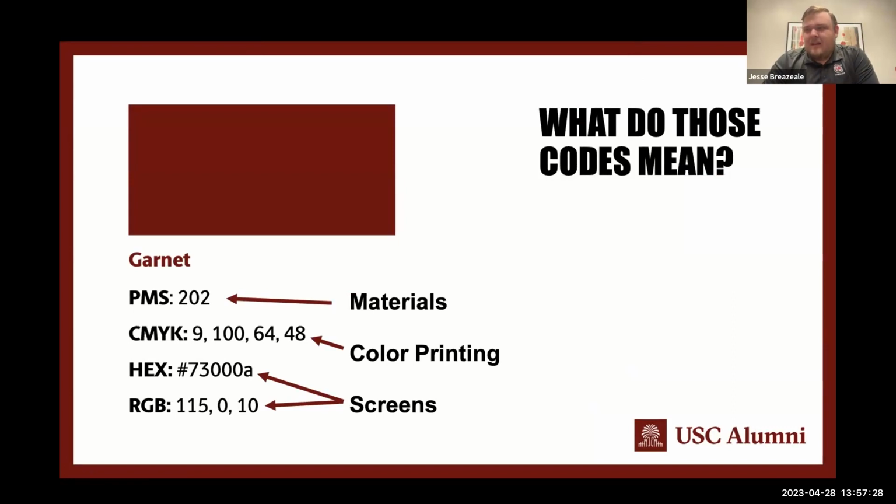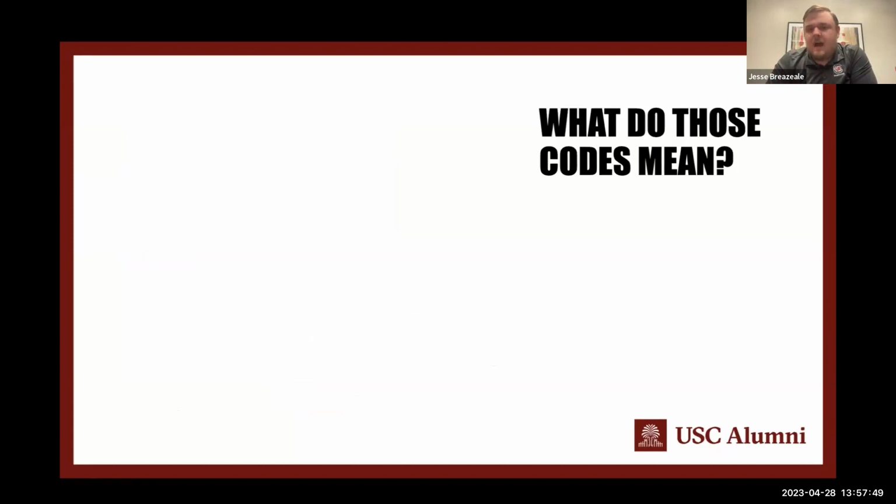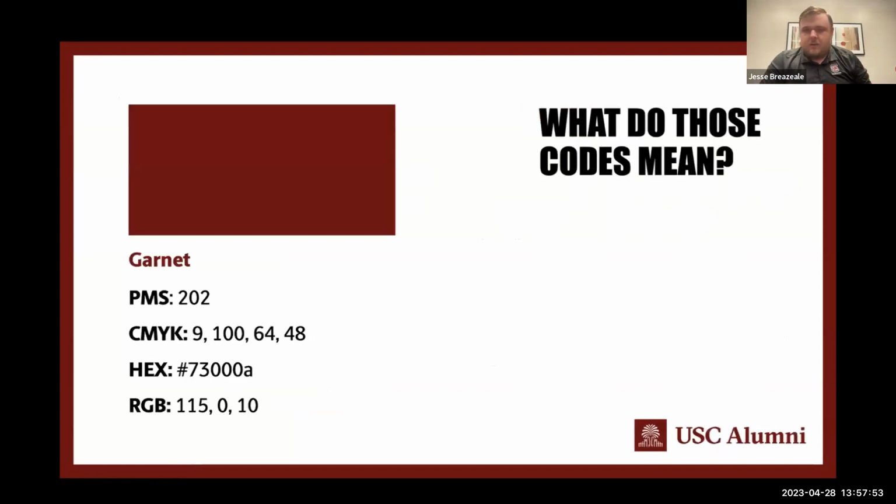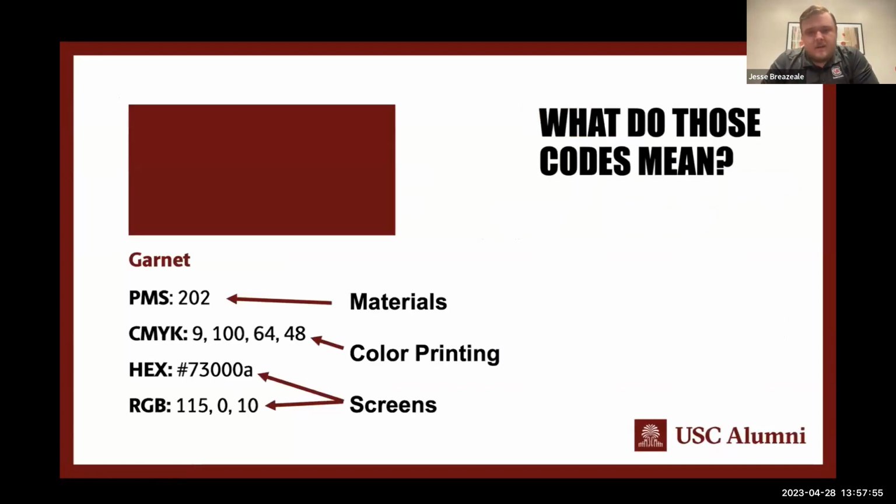This is for laser jet printers, which are fairly faithful to what you see on a screen. Whenever you go to input a color, you'll see one of these 2: 115, 0, 10 for your RGB sliders, or this hex code, which will define on your computer exact garnet. And all of the colors you saw on the past slide have all those numbers baked in as well, so you can reference those all you want.